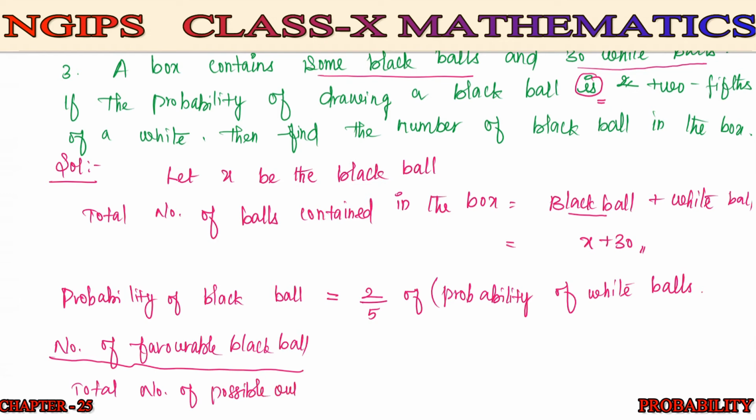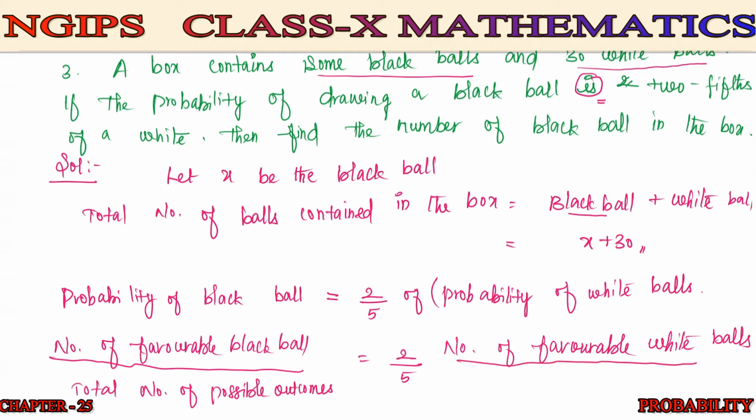So this is equal to 2/5 of the number of favorable outcomes for white balls divided by the total number of possible outcomes.